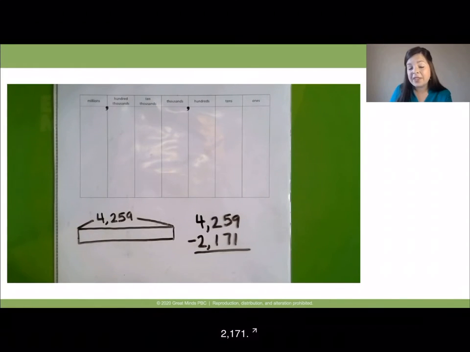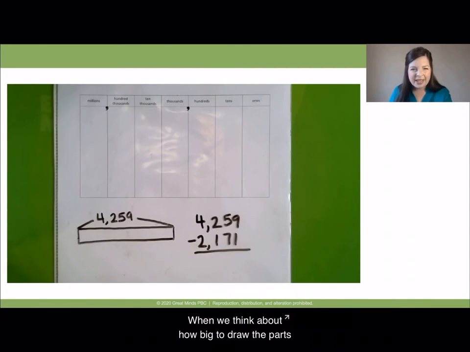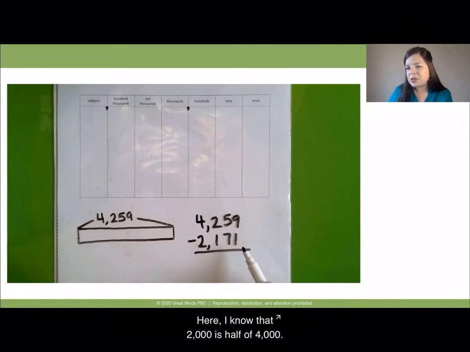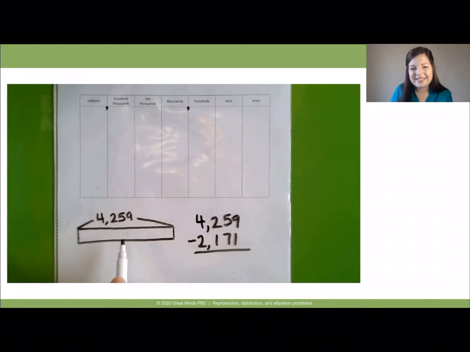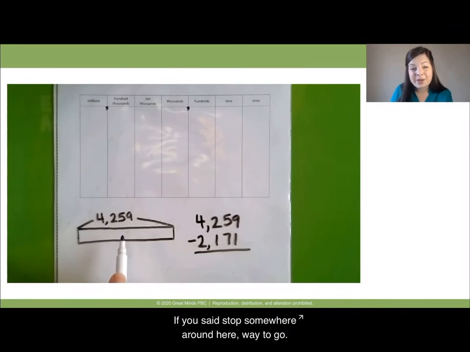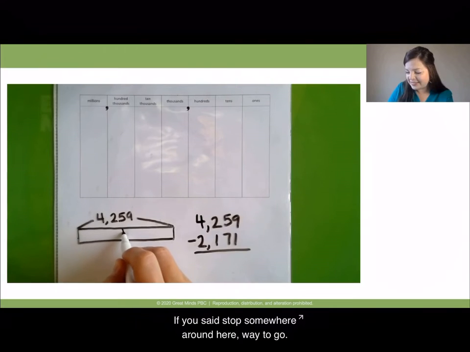2,171. When we think about how big to draw the parts in our tape diagrams, we can use estimation. Here, I know that 2,000 is half of 4,000. So tell me when to stop to draw my part. If you said stop somewhere around here, way to go.